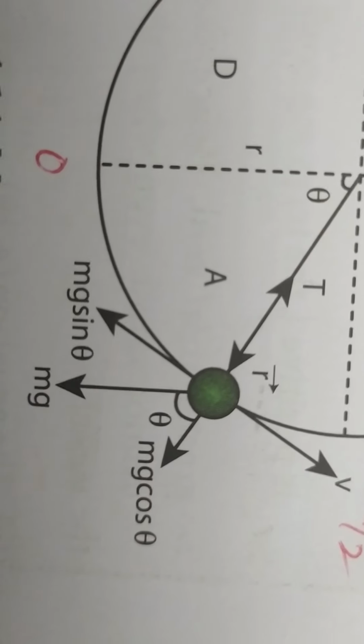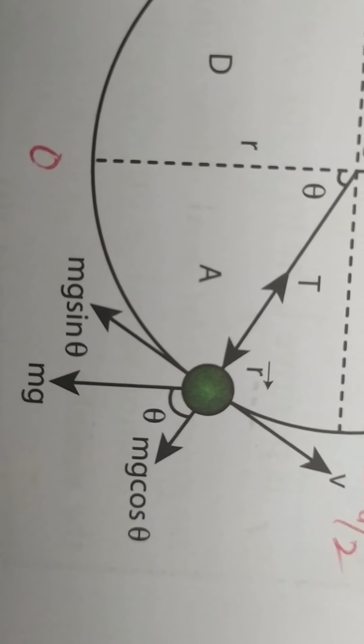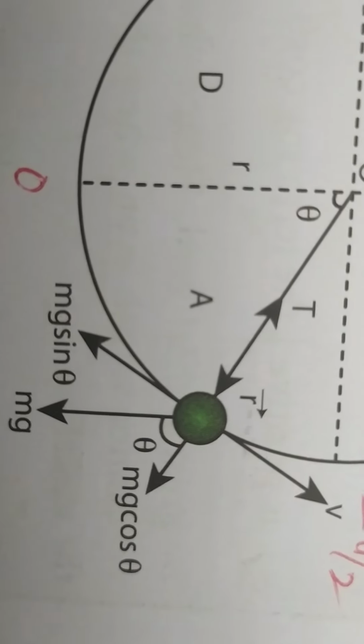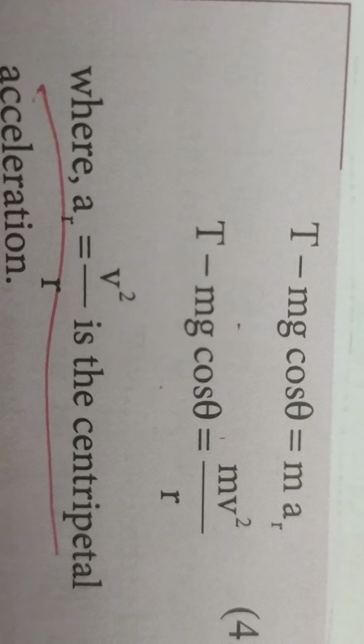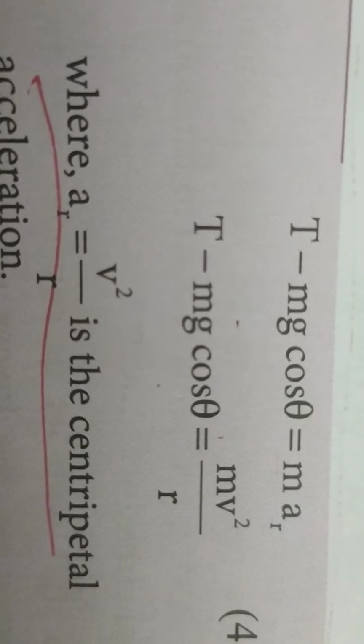In the radial direction, along the radius, the component is mg cos theta, and the opposite force is tension. So you can write T minus mg cos theta is equal to m a_r, where this is the radial acceleration.